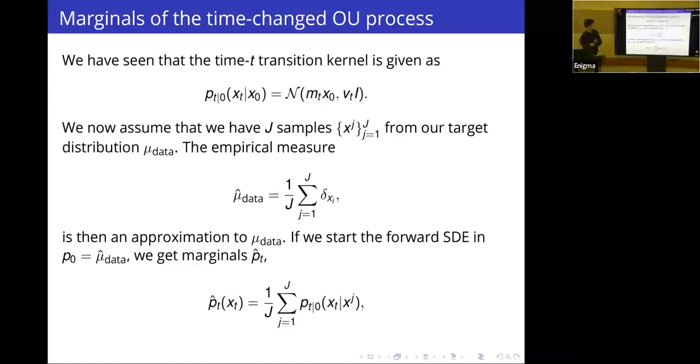And so a good question at this point is, okay, if we can write down the marginal distribution given the data of the empirical distribution, which is an approximation to the true data distribution, if it exists, why can't we just calculate the score of this, the gradient of the log marginal density, and plug that into our reverse SDE?